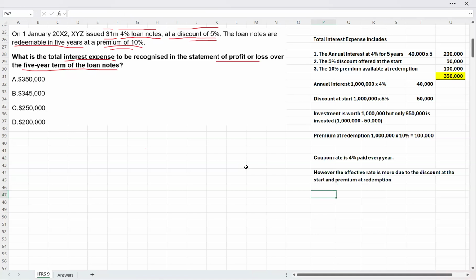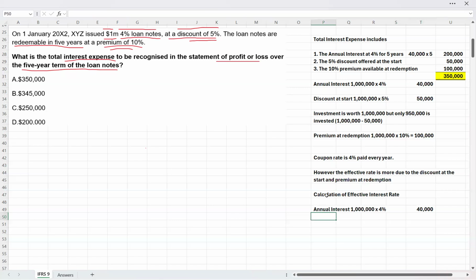We're going to say the calculation of effective interest rate. So that is going to be this annual interest, which is going to be 1 million into 4%, that is 40,000.